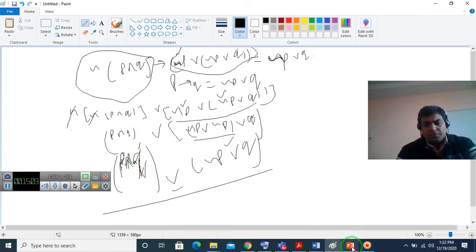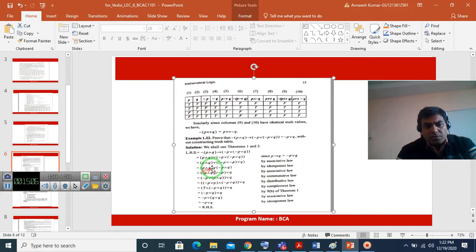So p conjunction q disjunction, negation of p or conjunction with q. Why have they written conjunction here? Because we are working on the disjunction, negation of p, or is it disjunction with q? I think it is misprinted. Disjunction with q. I think this is misprinted.